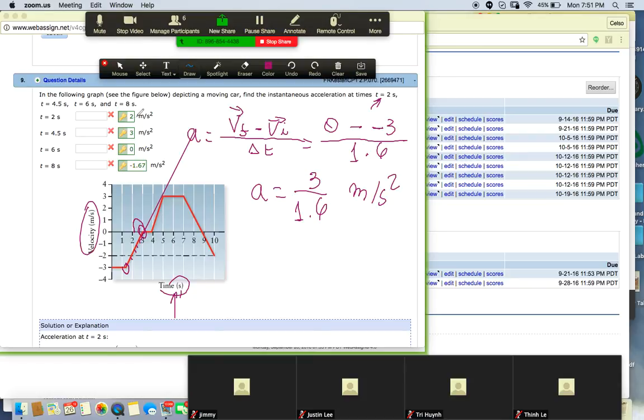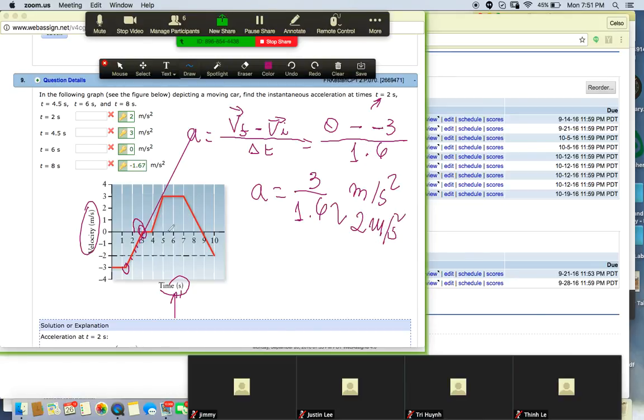I'm not getting this number 2, but this might be wrong, unless the significant figure is short. Okay, so this is my 2 meters per square second.